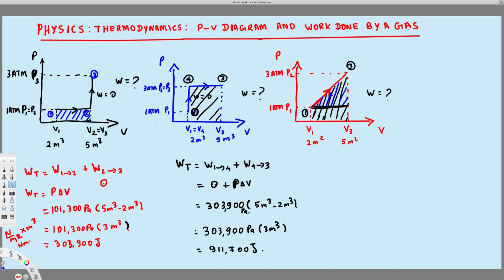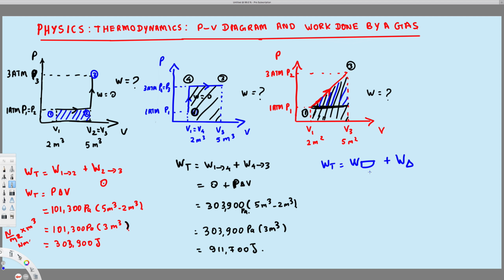We can find the area separately and add them together. So W total is going to be equal to W rectangle plus W triangle, right?